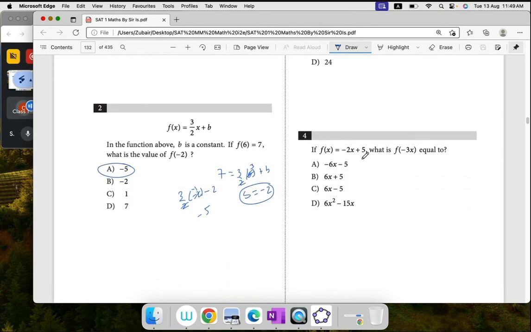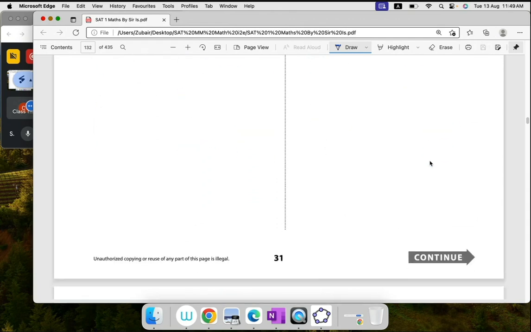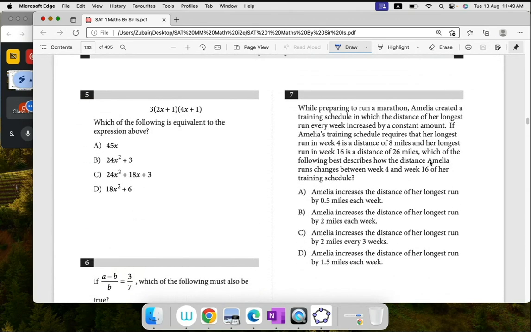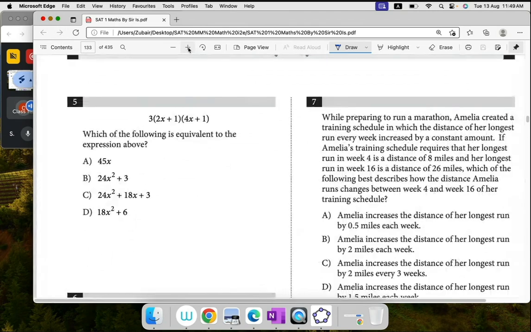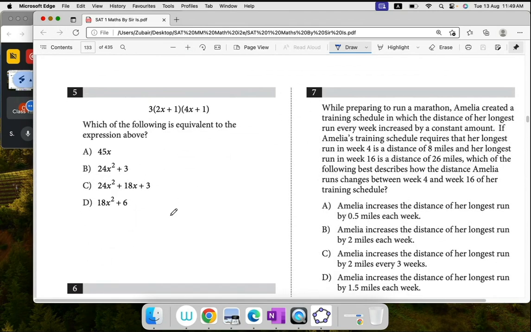If f of x is equal to this, what is the value of f of minus 3x? So minus 2 into minus 3x plus 5 is 6x plus 5. Which of the following is equivalent to the expression above? So just simplify. This can't be because it is giving me quadratic. 3 times 6, 6 times 4 is 24.